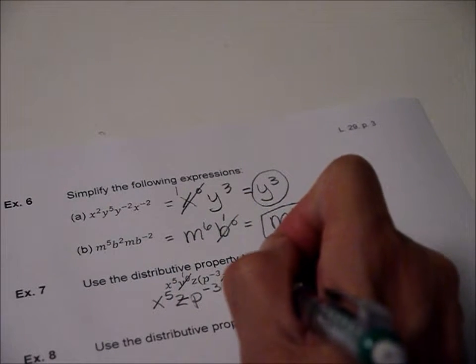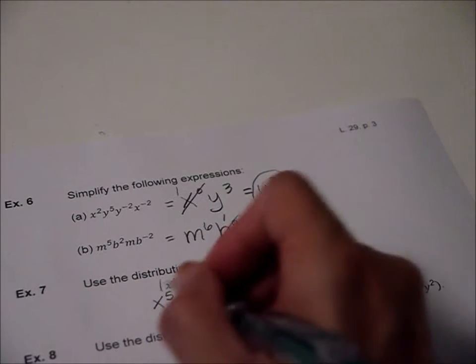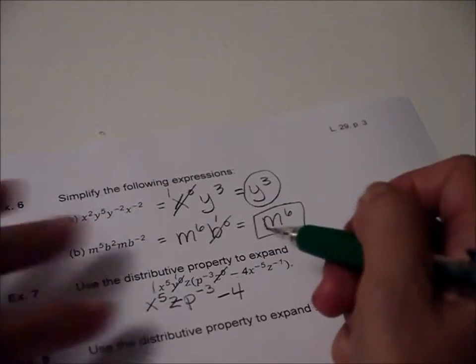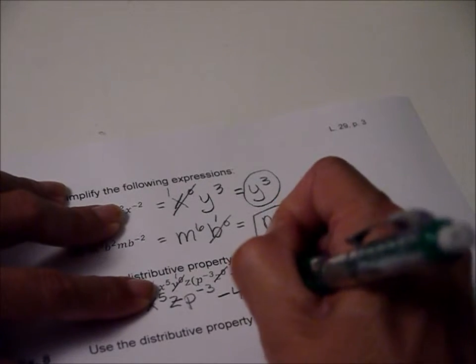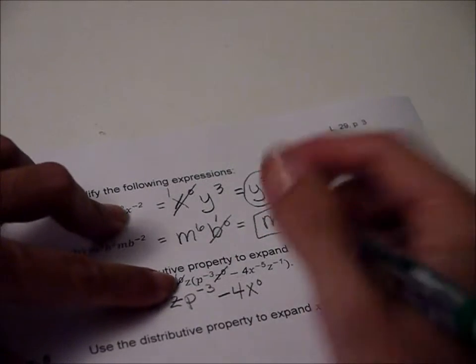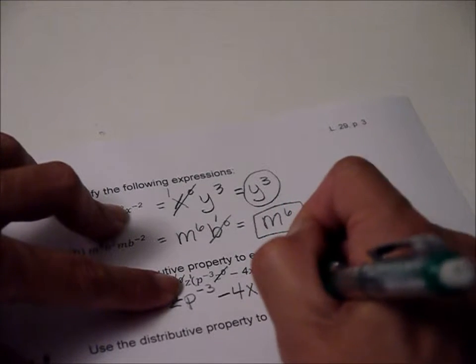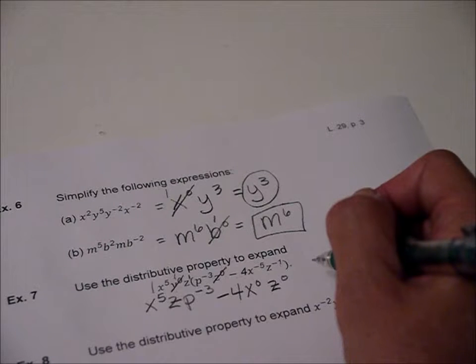Now we're going to say this was like an imaginary 1 or an invisible 1. So 1 times negative 4 is minus 4. And now we've got a positive 5 and a negative 5 for our x. So we get x to the 0. And now we've got z to the 1, z to the negative 1, which is also z to the 0. So you see where we're going with this.